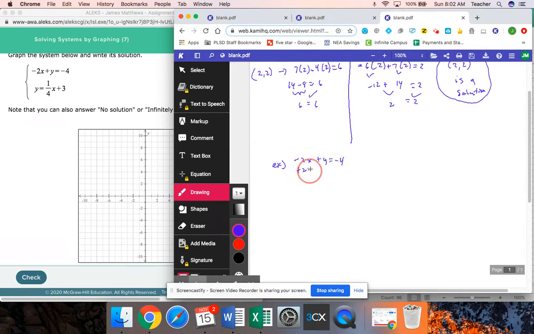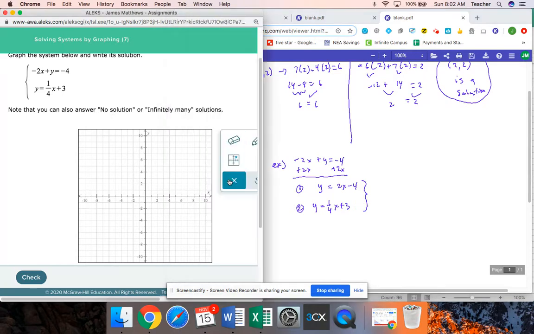We've done this in the other unit, so I'm not going to spend a great deal of time explaining. I'm going to get y by itself by adding 2x to both sides. So y equals 2x minus 4. That gives me one equation. The other equation is right here: y equals 1/4 x plus 3. Sometimes I like to see them together, even though I'm doing separate work.